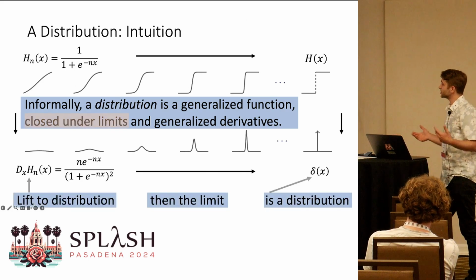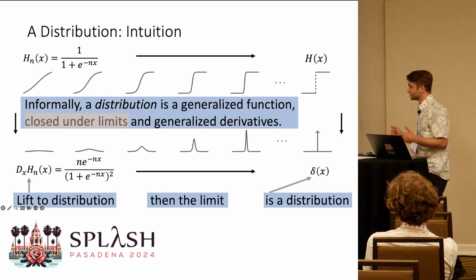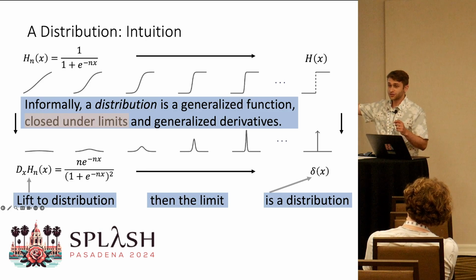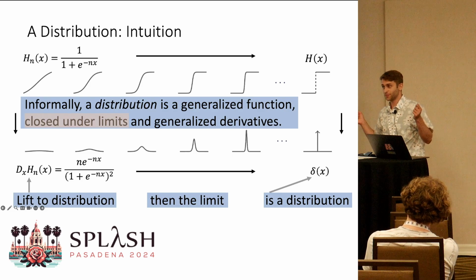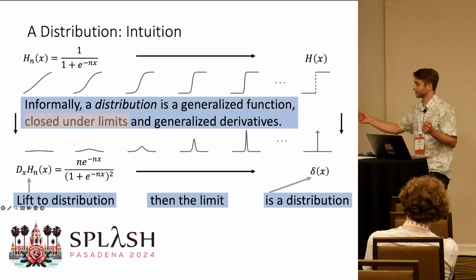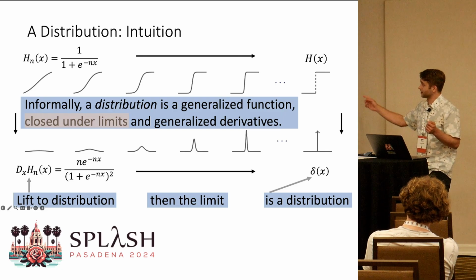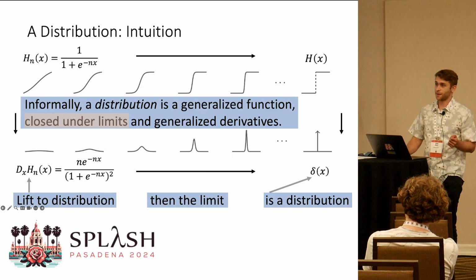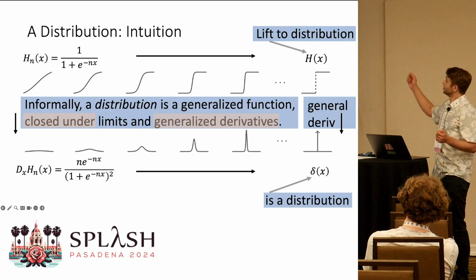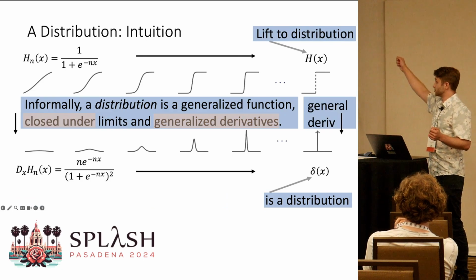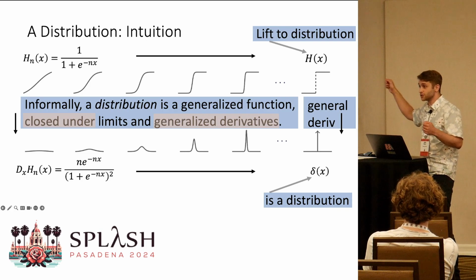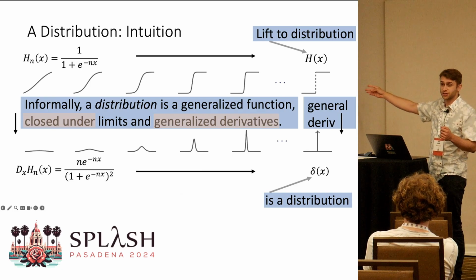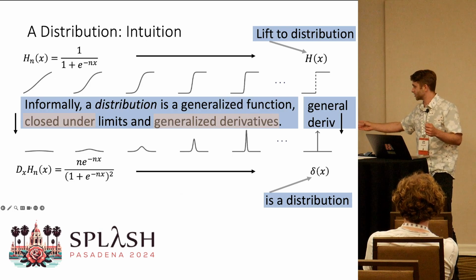So the first way to reason about this Dirac delta is to basically typecast your derivative to a distribution, or to lift it to a distribution, and then take the limit. And then because of the closure under limits, you can show that Dirac delta is a distribution. Alternatively, you can lift to a distribution, apply this generalized notion of derivative, and then because there's closure under this generalized derivative, you can show that delta is a distribution.